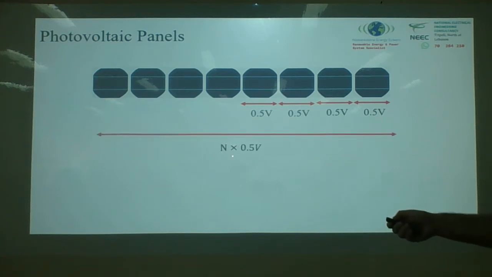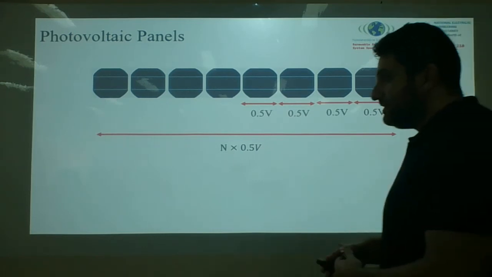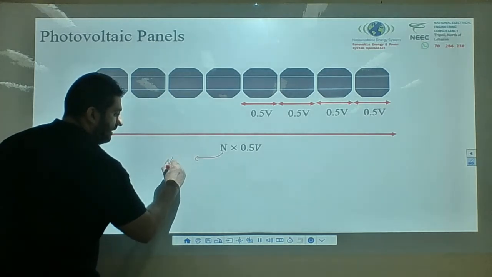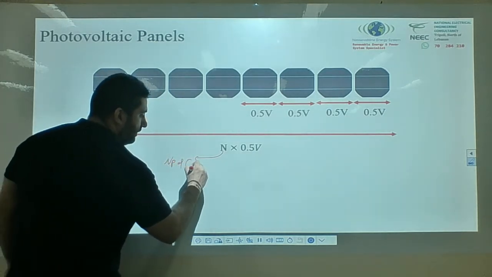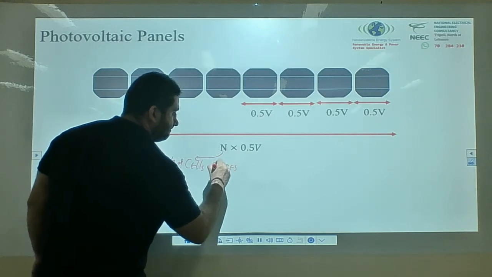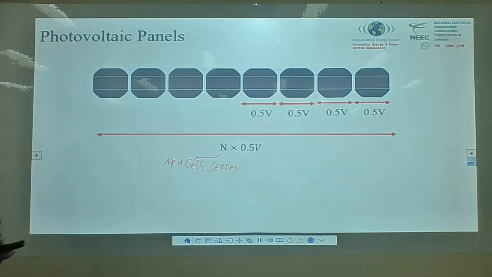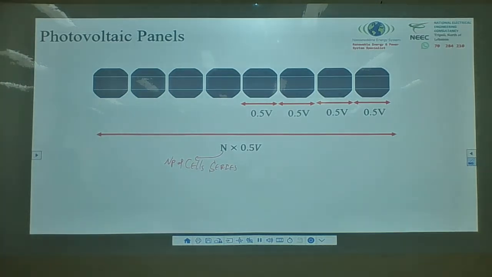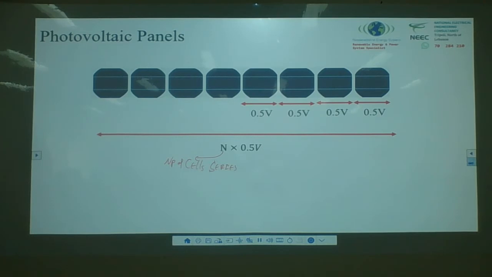N is the number of cells connected in series, multiplied by 0.5 or 0.55 or 0.6, whichever value you use.